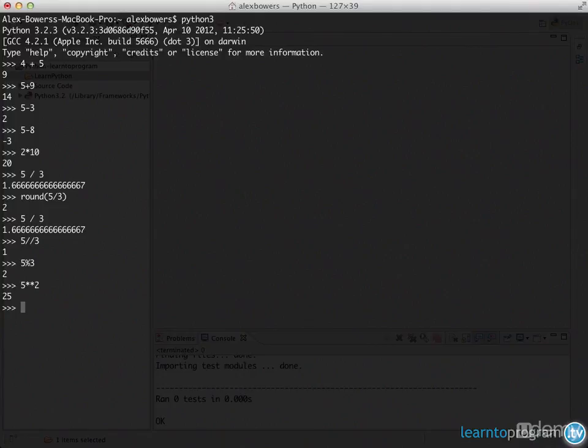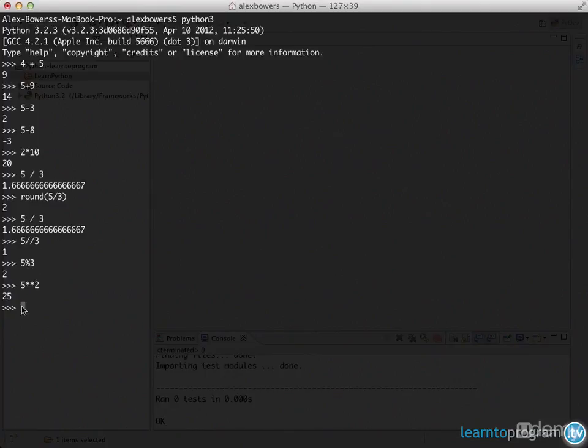And that is all of the arithmetic operators within Python. So they're all mainly obvious. The only ones which aren't obvious are the floor division, which is 2 forward slashes, and the modulus, and probably the exponential actually.